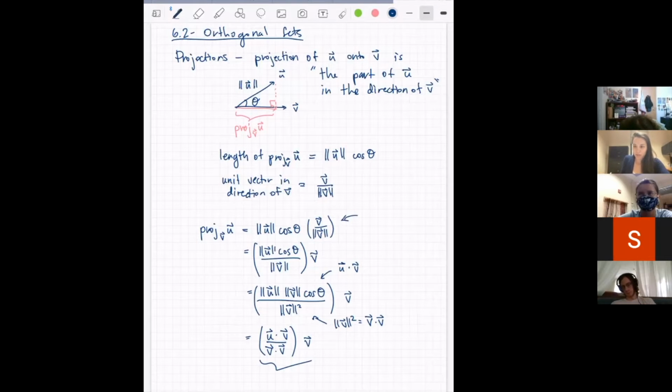Okay, so our formula, just to make it clear, is the projection of U onto V is U dot V divided by V dot V times the vector V.